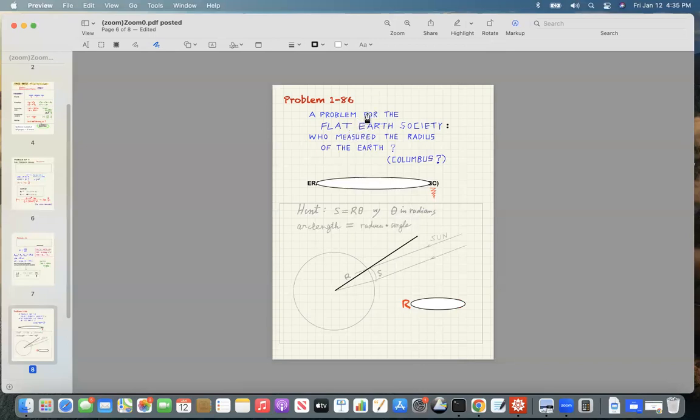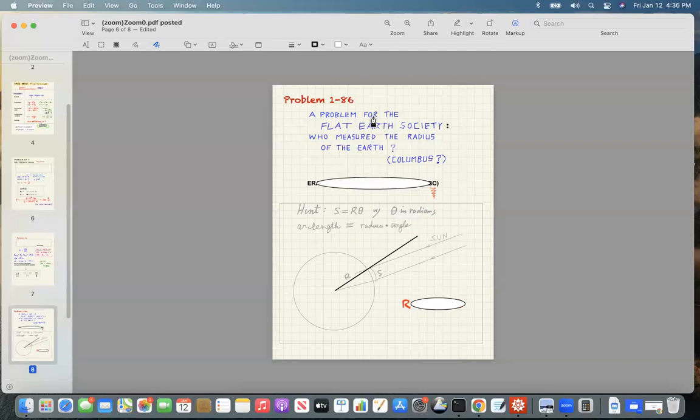Who was the first person to really understand that the Earth is a sphere? Well, it was Aristotle, the famous philosopher of the ancient Greek Empire.